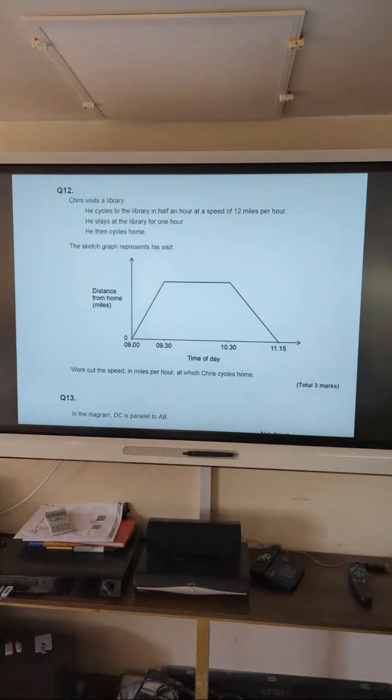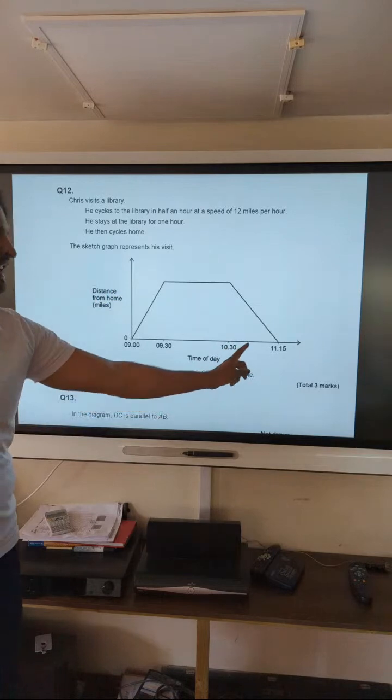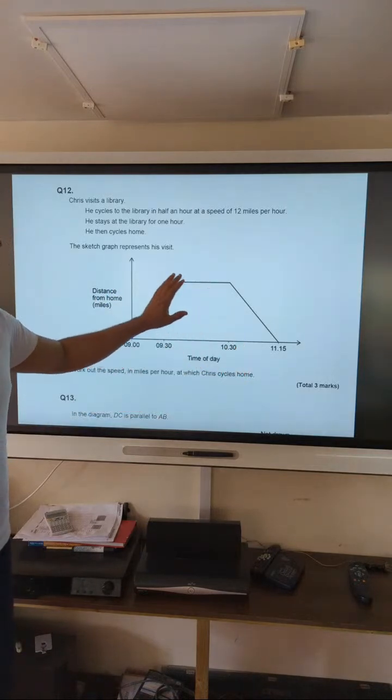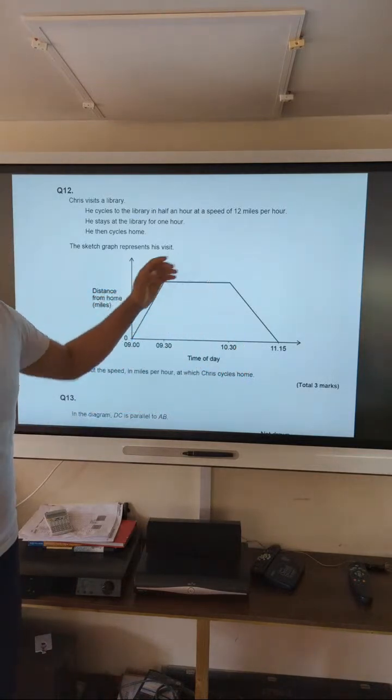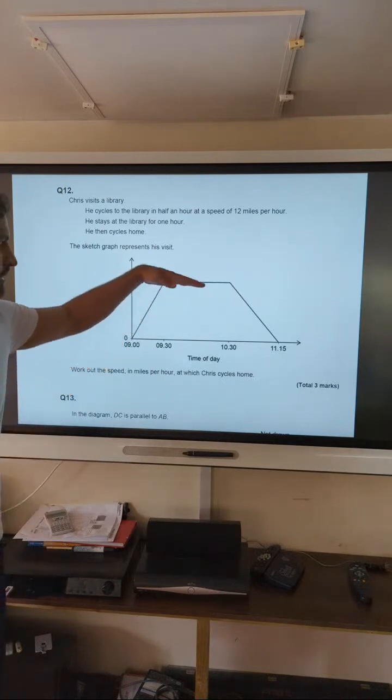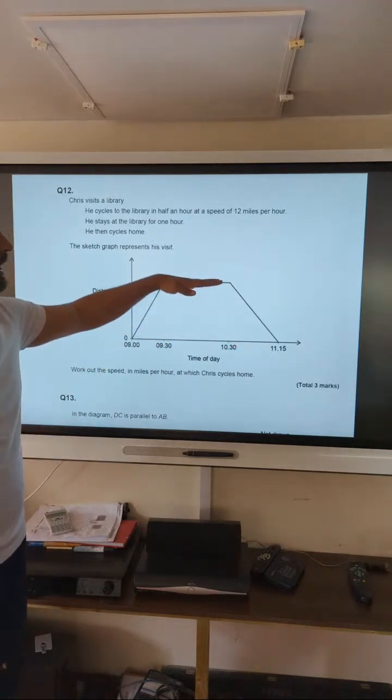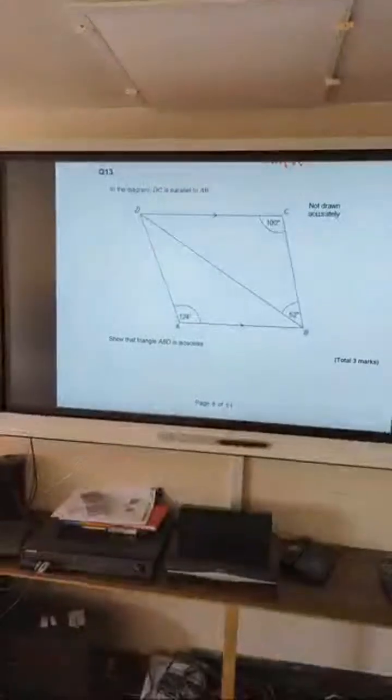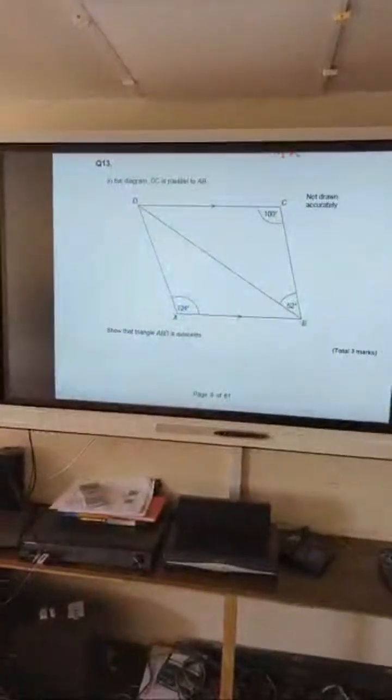Speed, distance, time, or velocity time graphs. So the way it works, if you know the distance and you know the time, then when you work out the gradient, that would be the speed. The gradient of these lines would be the speed. So what's the gradient here? When you move 1 across, you're going 0 up.